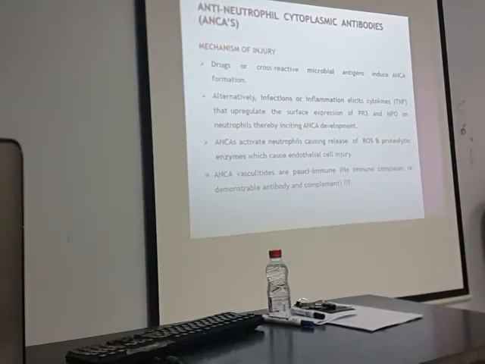The antibodies which react against the drug, against the antigen, against the infection, can also act against the vessel wall, or against the neutrophils, against the monocytes. Cross-reacting antibodies. Your body is forming antibody against the drug or against the bacteria, but it reacts against your own body, against the vessels, against the neutrophils. So what happens now?